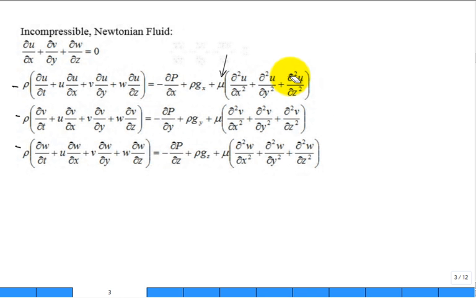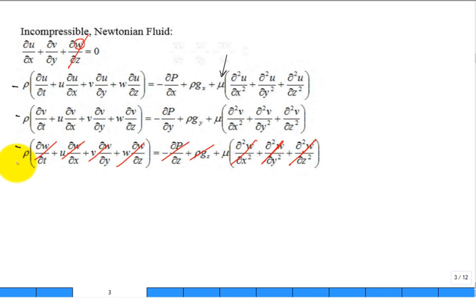And I say, okay, remember, anything with a W in it is 0, because it's truly a one-dimensional flow, and W is 0. There's no flow in the third dimension, so this is 0, this is 0, because if W is equal to 0, then what's the first derivative of W equal to? 0. How about the second derivative of W? 0 as well. This whole equation just goes away.